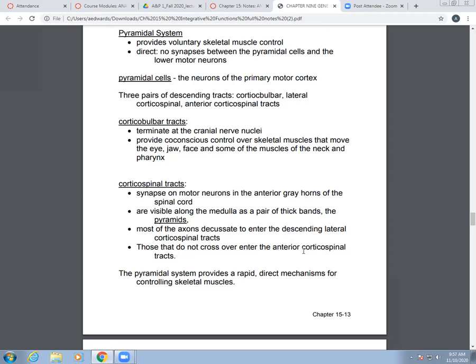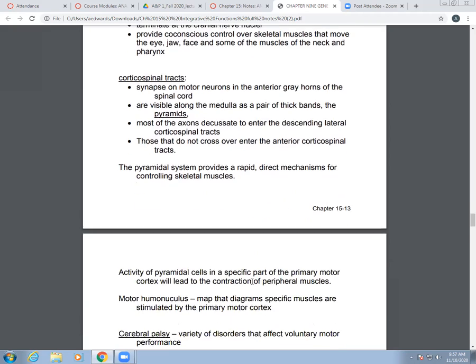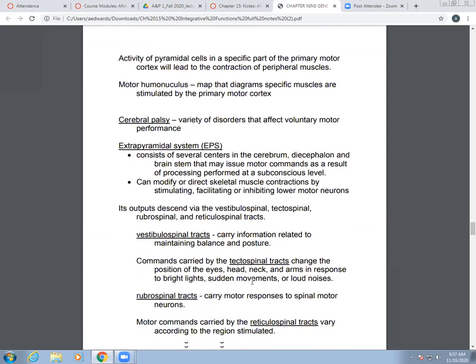Those that don't cross over will go into the anterior corticospinal tracts. So your pyramidal system is going to provide a rapid and direct means for controlling your skeletal muscles. Activity in your pyramidal cells in a specific part of your primary motor cortex helps you contract your peripheral muscles.